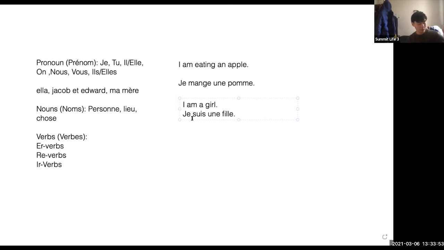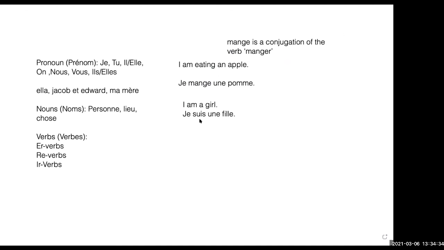What is the verb that you conjugated suis from? So suis is part of what family of verb? If it helps you, mange is a conjugation of the verb manger. So what is suis a conjugation of? Être. Être, awesome.